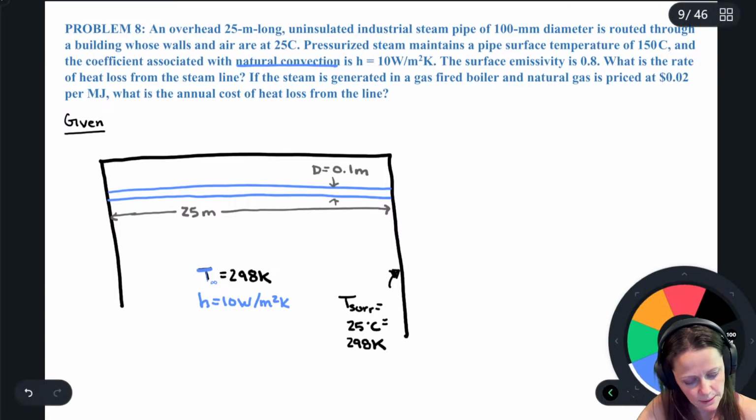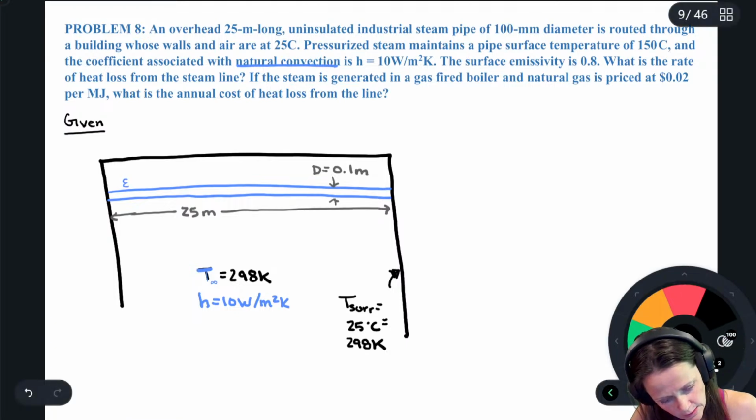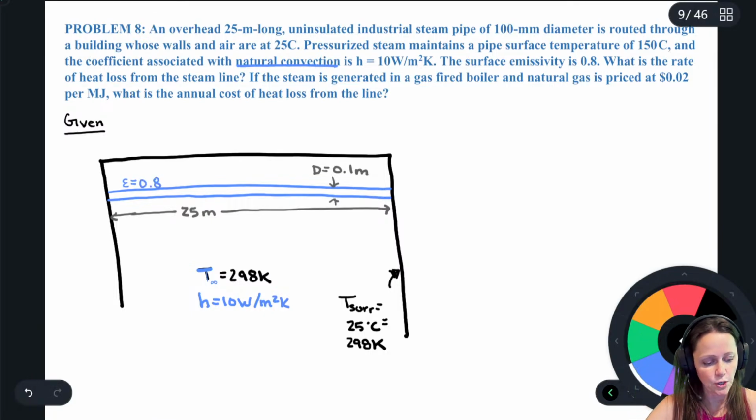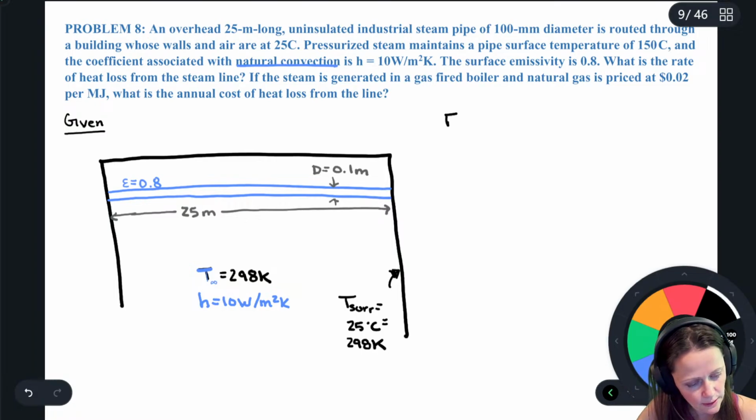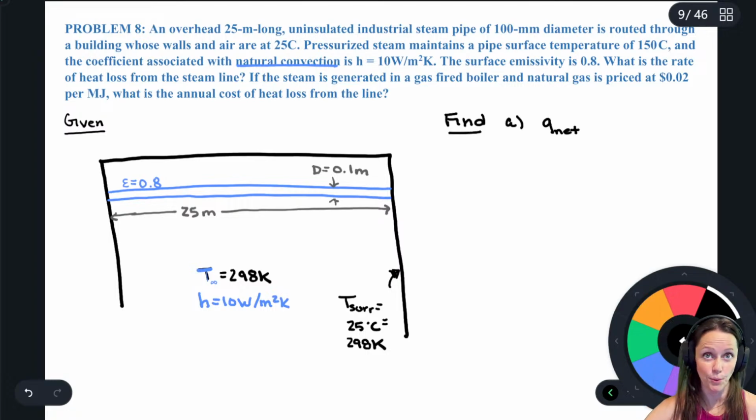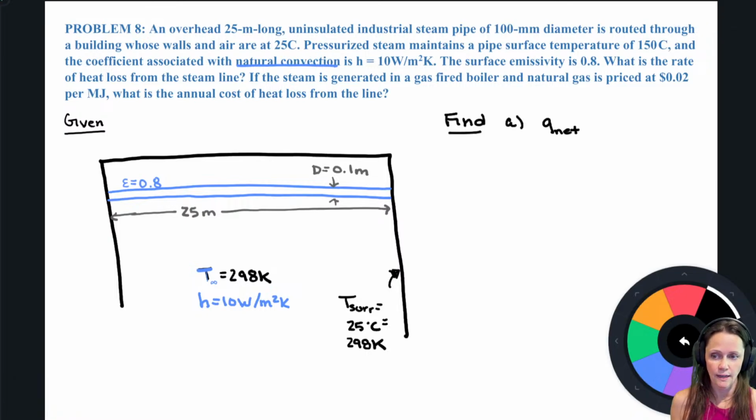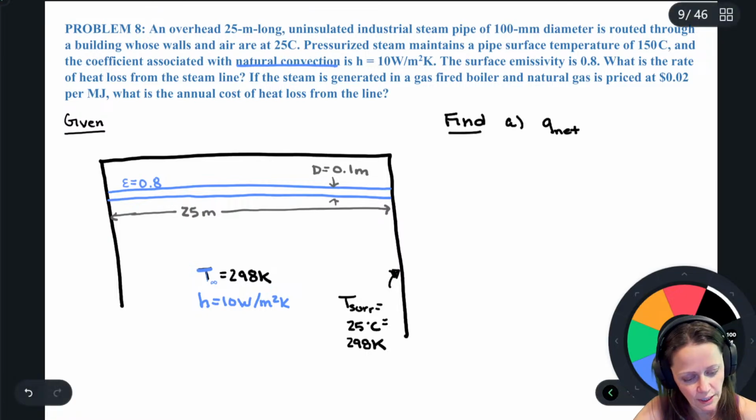The surface emissivity of this pipe here, it says it's 0.8. And we want to know what the rate of heat loss is. So I'm going to call this A. Q, and I'm looking for net because clearly I've got radiation and I've got convection.